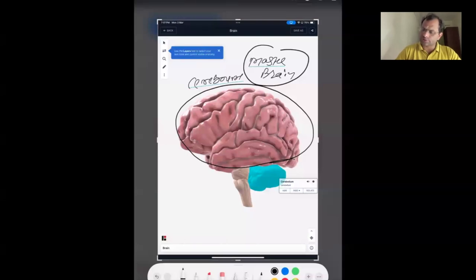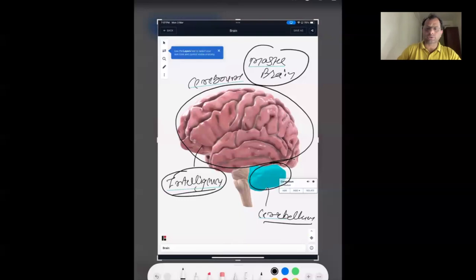So this is the brain which provides you intelligence and learning capability. And the cerebellum is connected with balance and coordination.